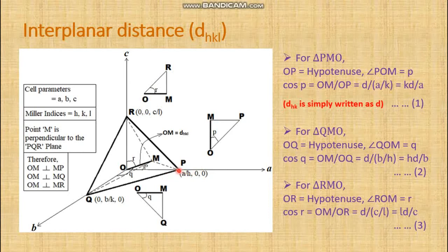So the coordinate of this point should be A by H, 0, 0, because it has no movement along the B axis or C axis. Similarly, the coordinate of the Q point should be 0, B by K, 0, and the same for R should be 0, 0, C by L. This line OM is the interplanar distance, which is also written as DHKL, okay.